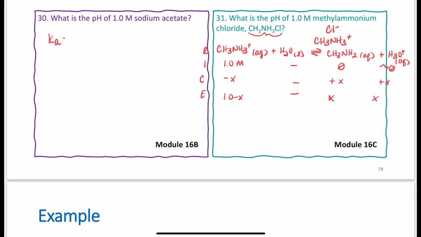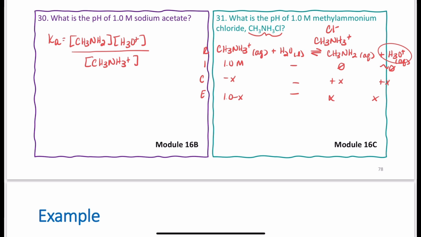When you set up your K expression, you are doing a Ka here because you are forming hydronium. So you've got methylamine times hydronium divided by the methyl ammonium.